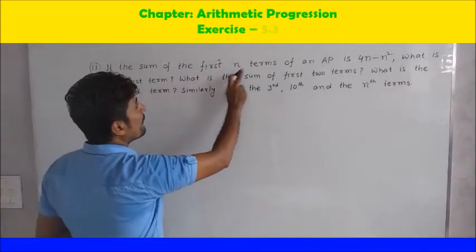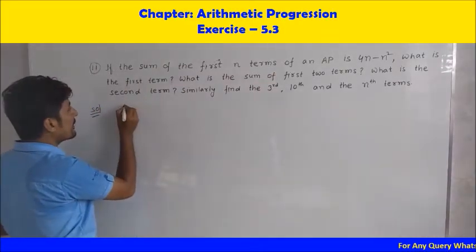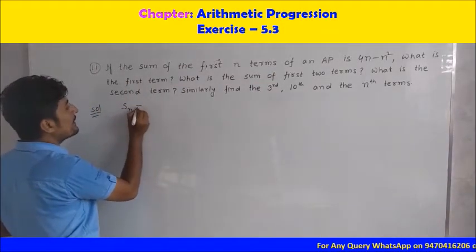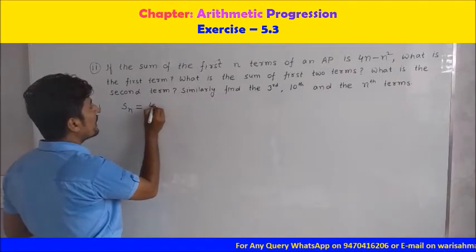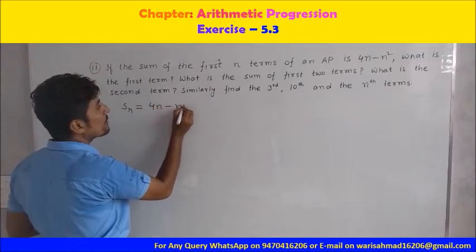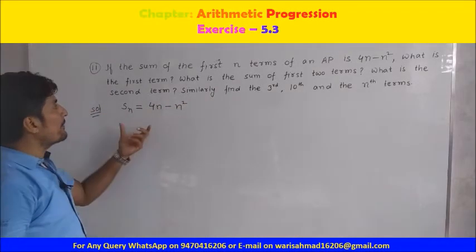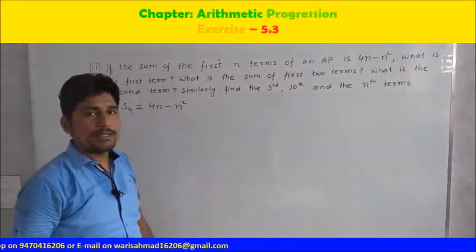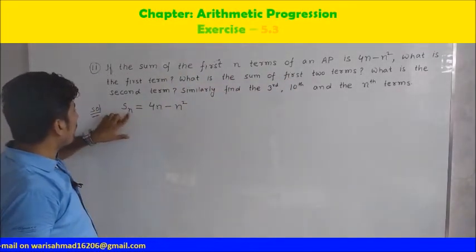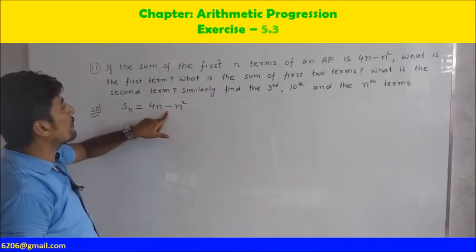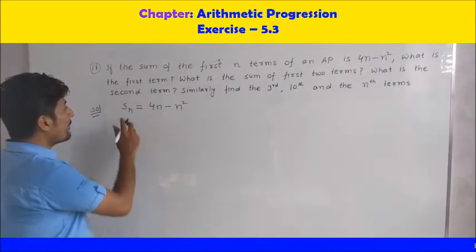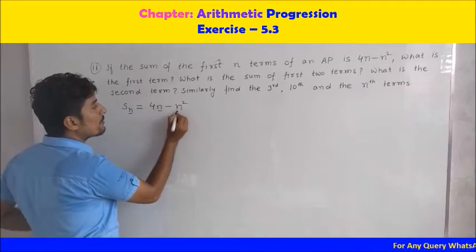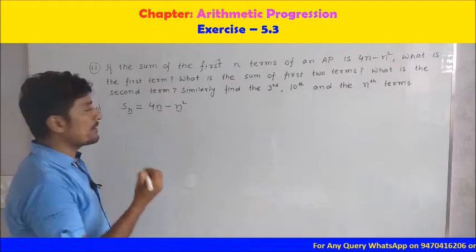Since the sum of the first n terms is given, we can write Sn equals 4n minus n square. Once again I am repeating, the sum of the first n terms of the AP is 4n minus n square. If we put the value of n equals 1, then we will get the first term.